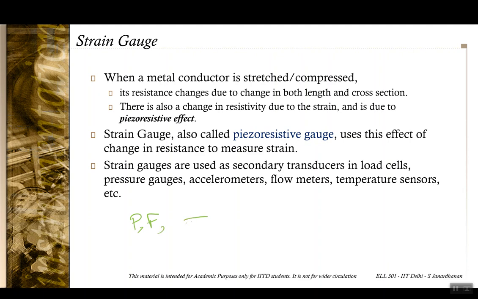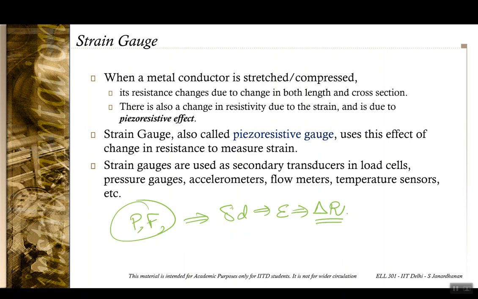These primary quantities are changed to some displacement delta D, that is translated to a strain, that is translated to a change in resistance, and that is being measured.